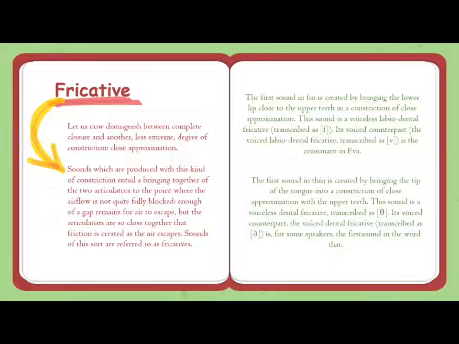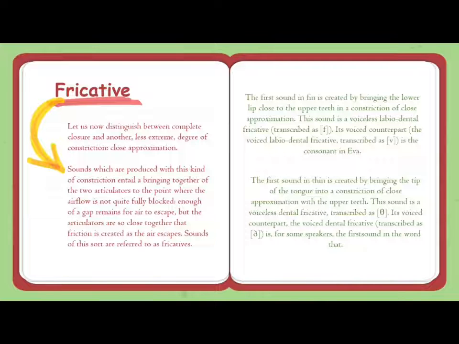The second one we have is fricative. Let us now distinguish between complete closure and another, less extreme degree of constriction. It is close approximation. Sounds which are produced with this kind of constriction entail a bringing together of the two articulators to the point where the airflow is not quite fully blocked.